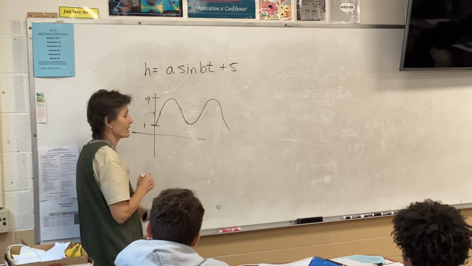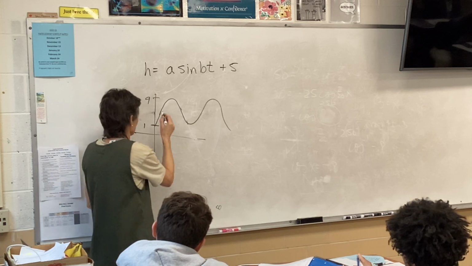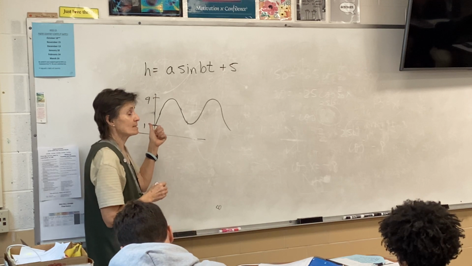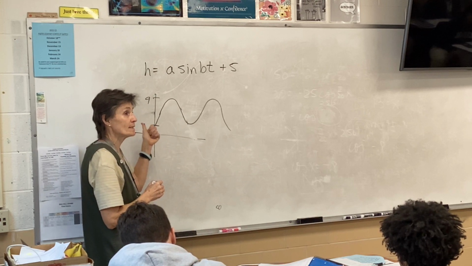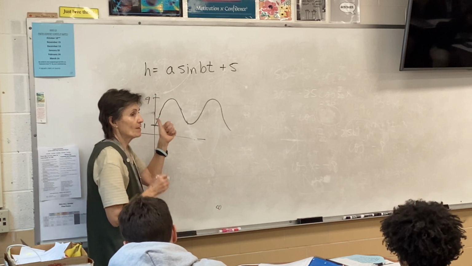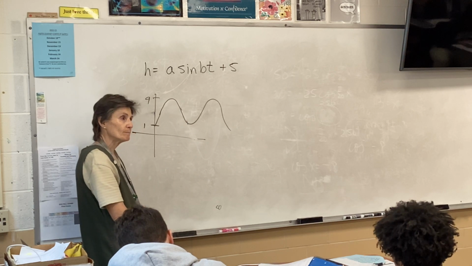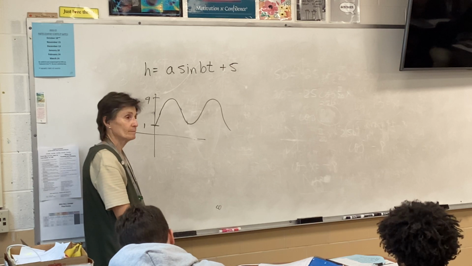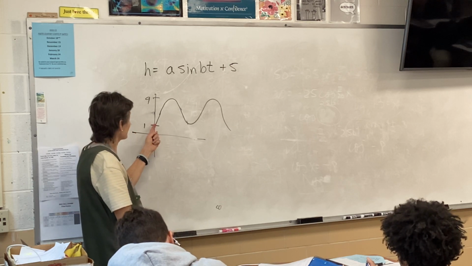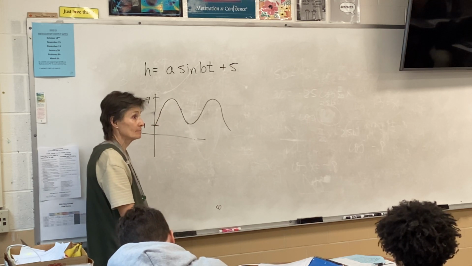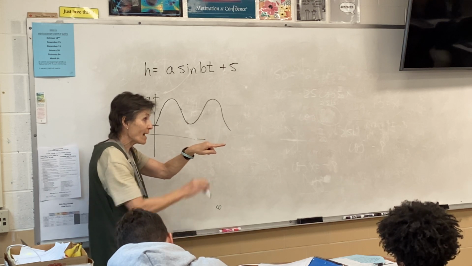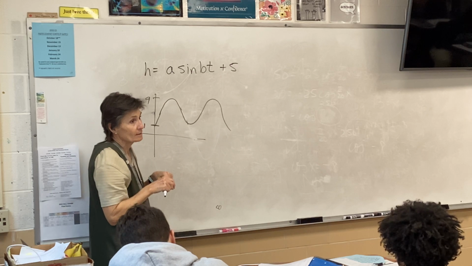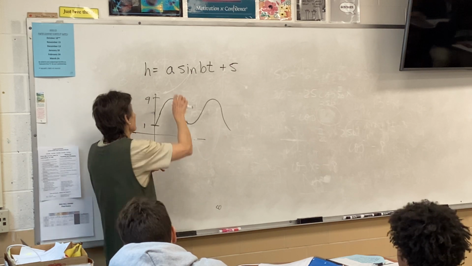Now that's not a sine curve, but anyway, you get the idea, right? So if the height is varying from 1 to 9, then what does that tell me about the amplitude? The A value there. It's gotta be 4. Because top to bottom is 8. That means bottom of valley to top of hill is 8. So how big are the hills? 4? So I know my A is 4.